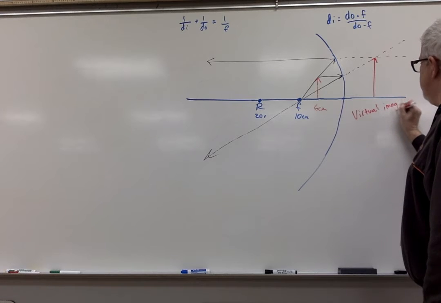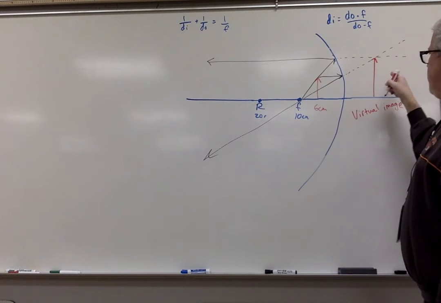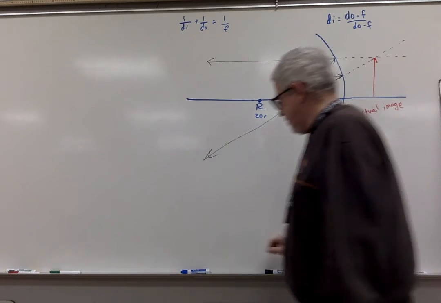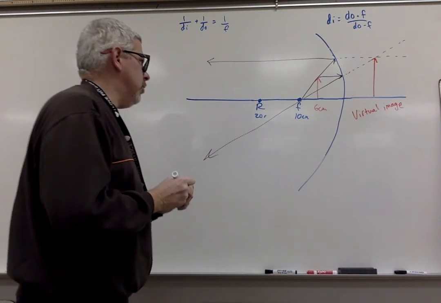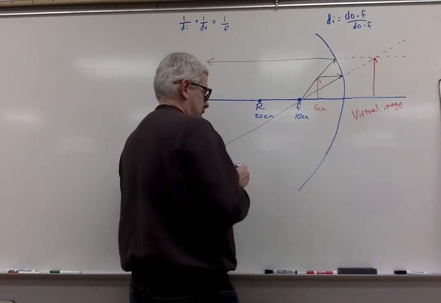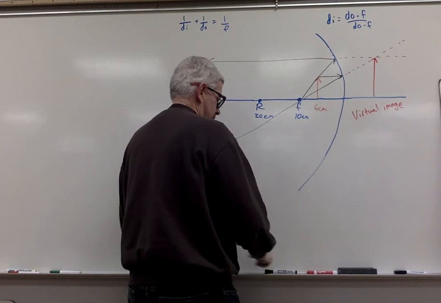Do the light rays really cross? No, but our brain thinks they do, and that's why we call it a virtual image. So this is something you can see inside a mirror or lens, but you can't project onto a screen. So how would we calculate that?